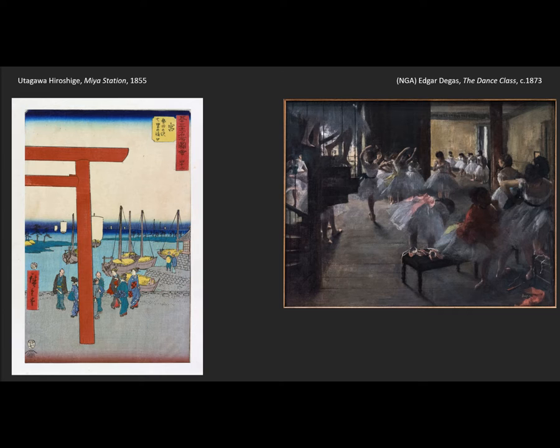The modern world to a 19th century Frenchman was different. It was modern. It was new, right? Why then should artists make traditional art forms? Why should we do the same thing that they were doing prior to the Industrial Revolution?